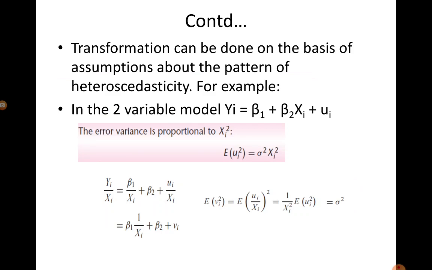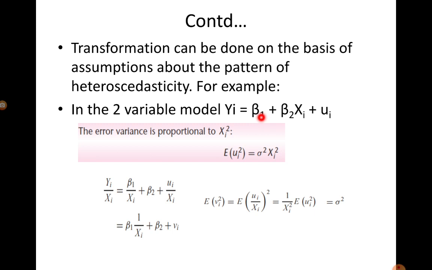And in the previous case, I missed out this point. If you notice over here, you do have an intercept term, but the intercept term is the slope in the original model, and the slope in the transformed model is actually the intercept in the original model.